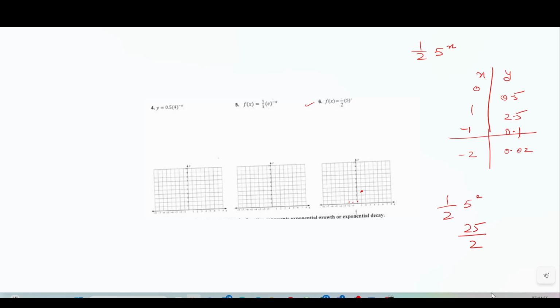When x is 2, 25 over 2 is 12.5. Oh, I don't think I can graph that. Okay, so I'll just do -1 comma 0.1 then. Yeah. Okay, thank you.